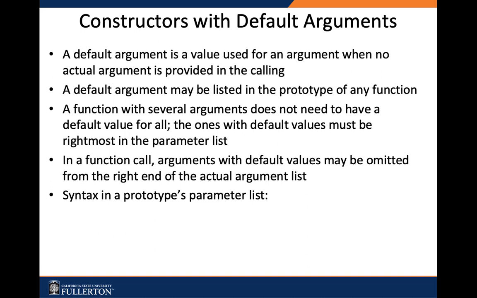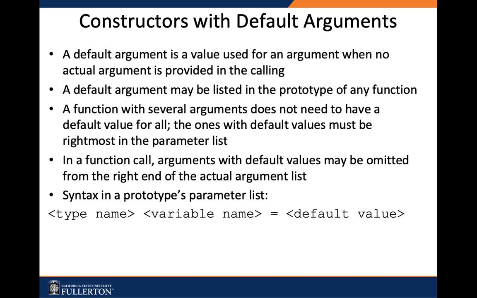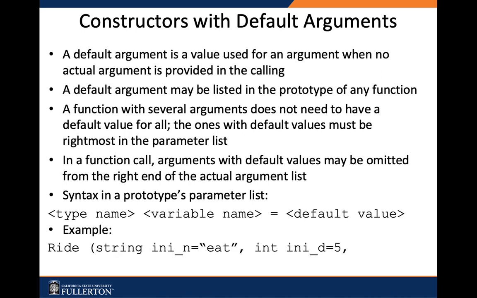The syntax in a prototype's parameter list for a function is as follows. We have the type name, then the name of the variable, equal, and the default value. For example, for an object of type Write, we declare string ini_n equal "it", int ini_d equal 5, int ini_w equal 120, int ini_l equal 1, that's 1 not l.